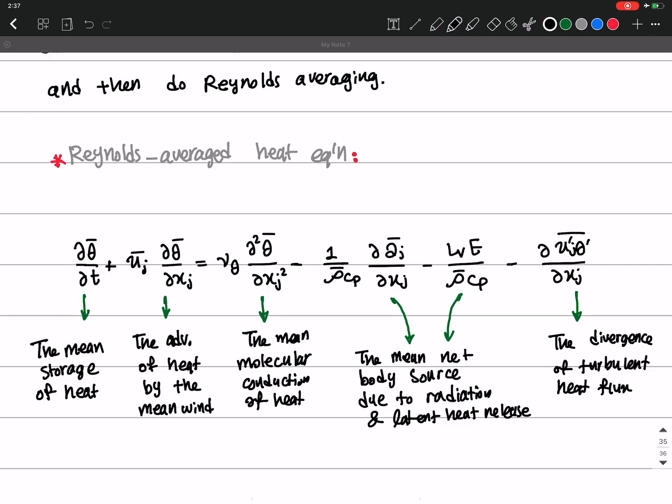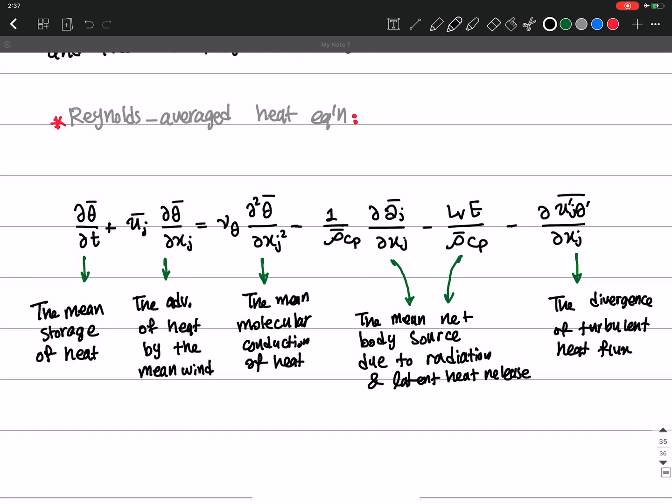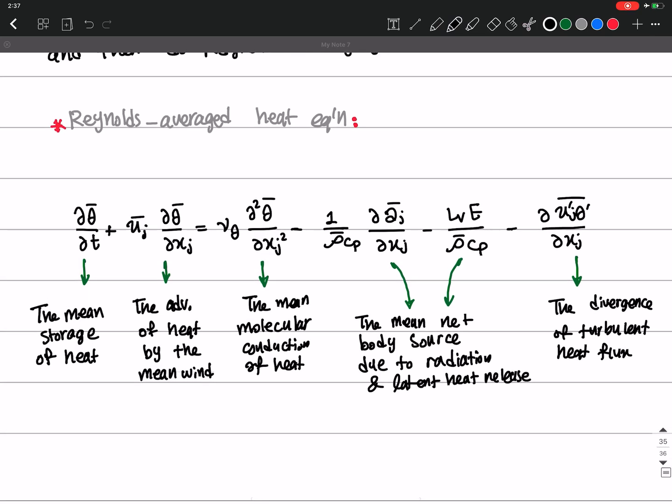So in general, we can neglect these other physics, the mean net body source due to radiation and latent heat release.